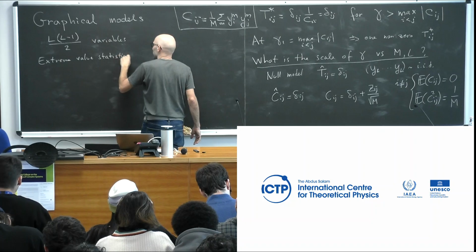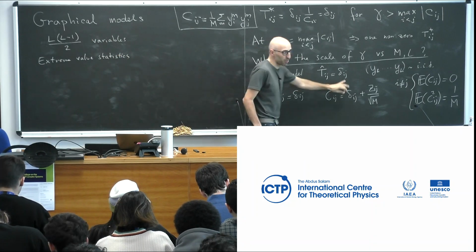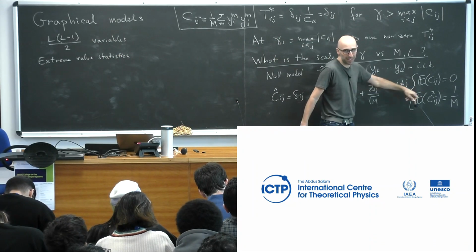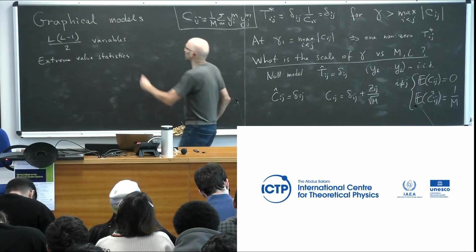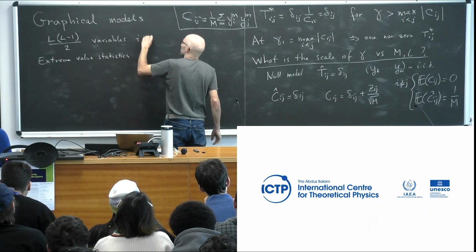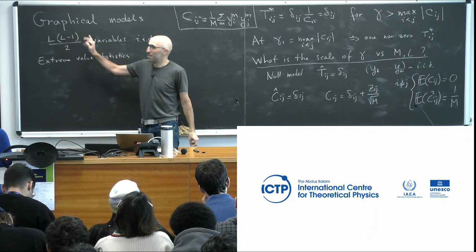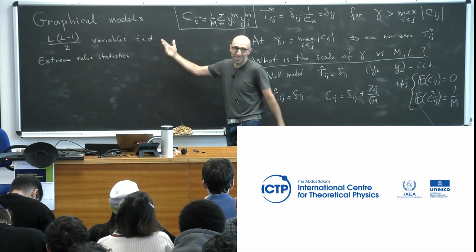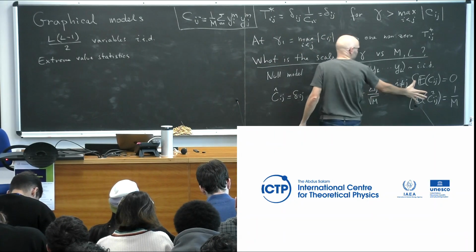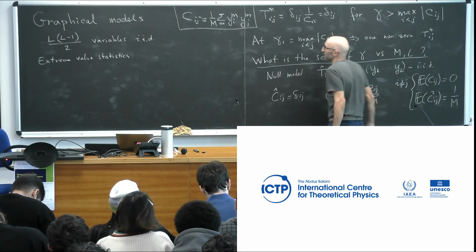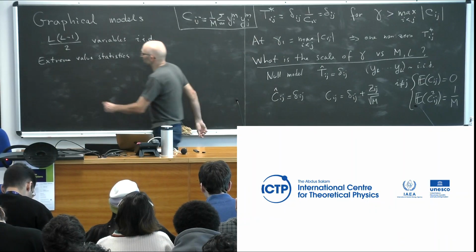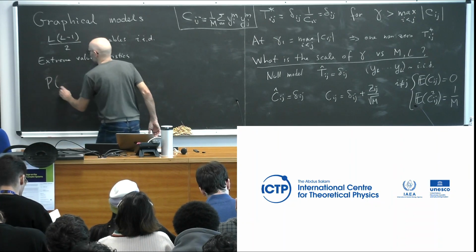I forgot to say that in this simple case, the Cij are also independent. So I have L times L minus 1 over 2 variables that are independent and identically distributed Gaussians with zero mean.